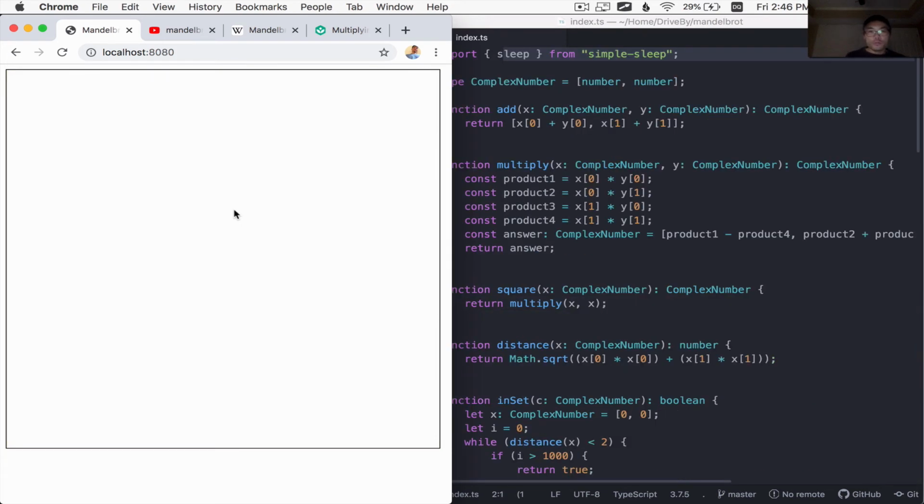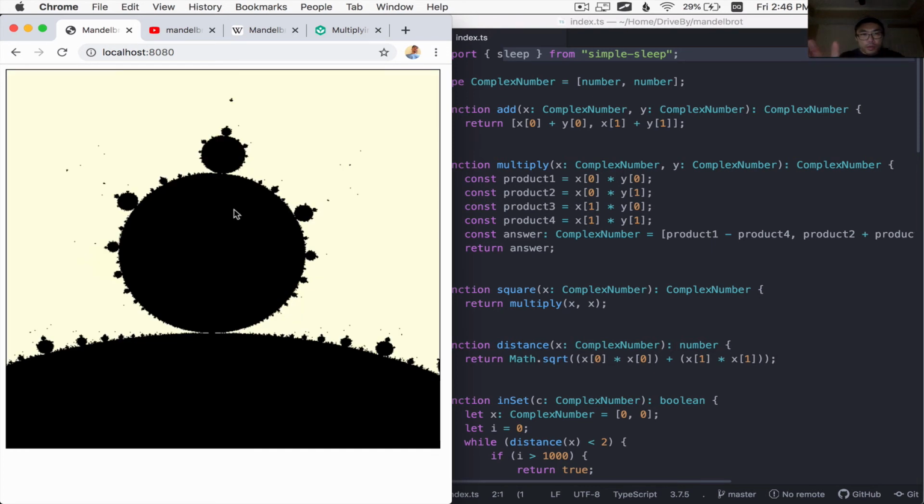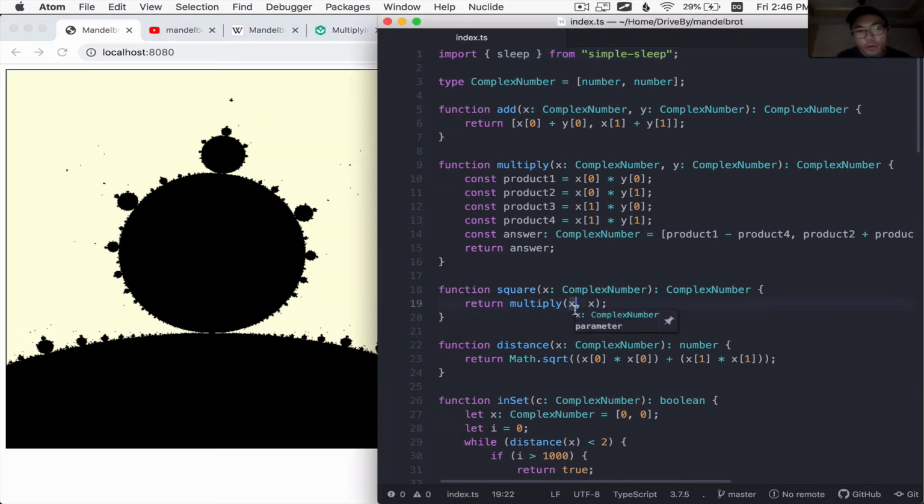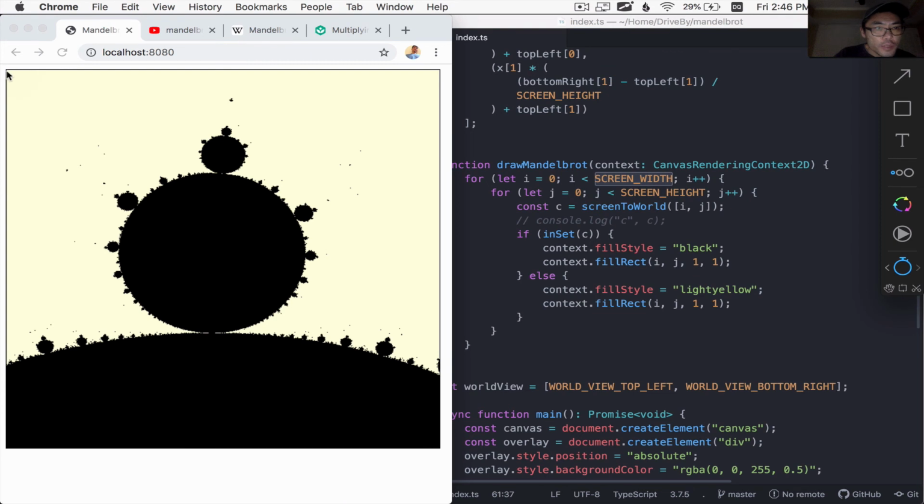Every time you zoom, it'll try to draw the area that you zoom to with greater precision and a greater level of detail. So every single pixel within this canvas, like this one, this one, this one, it loops through. Each pixel has a coordinate. This is from 0 to 800, I believe, and this is again from 0 to 800.